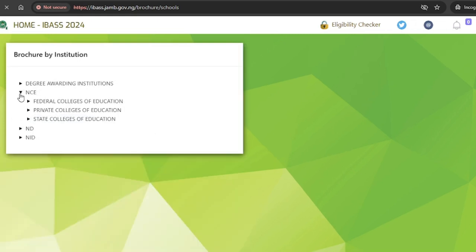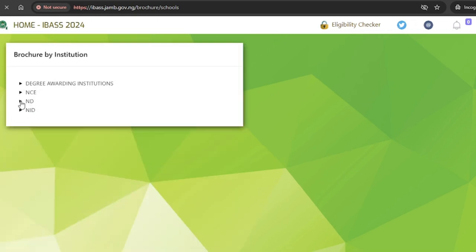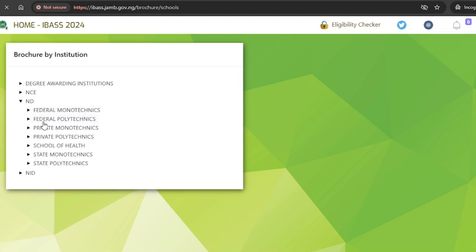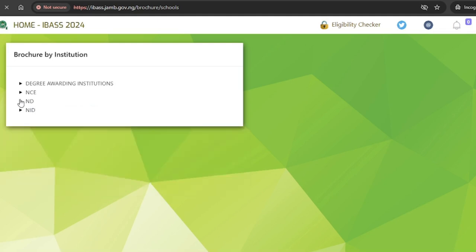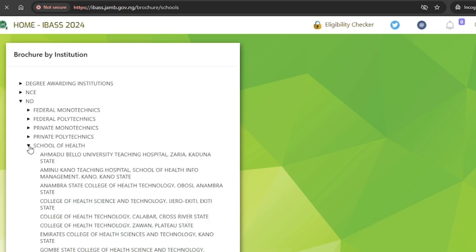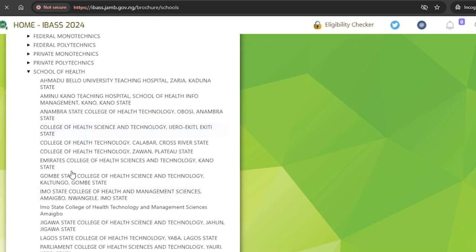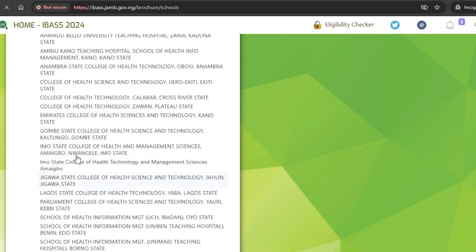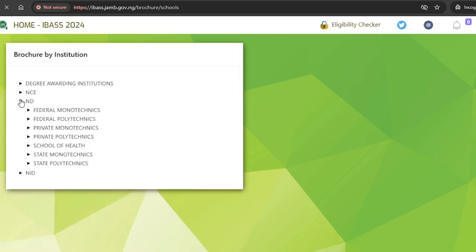Same thing for polytechnics. Polytechnics are under ND. We have the Federal Polytechnics, Monotechnics, Schools of Health, and every other institution like that. So we have the School of Health for those that want to go for colleges of health technology, or colleges of sciences. So that is for that.